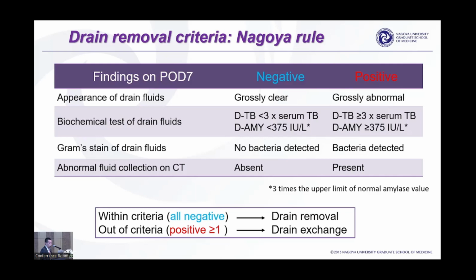Drains are removed on POD 7 when all of the following 4 findings are met: grossly clear, biochemically normal, no bacteria detected on gram staining, and no evidence of abnormal fluid collection on CT. Otherwise, drains are exchanged for a new drainage catheter. Thereafter, the drainage catheter is exchanged once or twice a week.